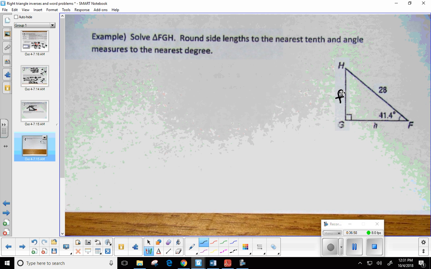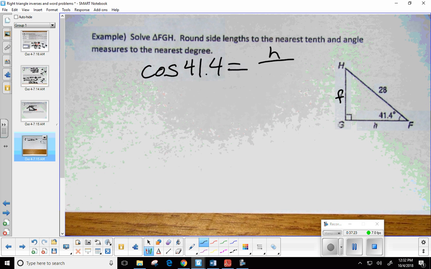I can start anywhere. Which one? Sorry. Okay. Side H, how am I going to do it? So you're doing cosine. And this is the adjacent to 41.4.